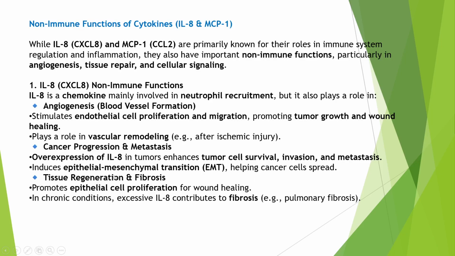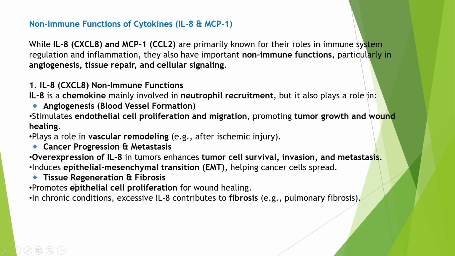So that is your metastasis. This happens due to your epithelial to mesenchymal transition. Your epithelial cells, which are attached and supposed to be stagnant, become mesenchymal in nature, and now they can travel and spread to different places. So your IL-8 also plays a role in this.